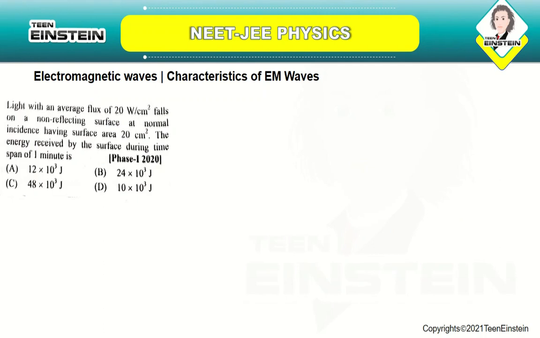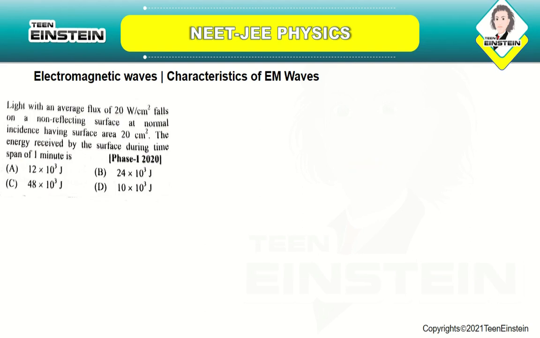Light with an average flux of 20 watt per centimeter square falls on a non-reflecting surface at normal incidence having surface area 20 centimeter square. The energy received by the surface during the time span of 1 minute is.